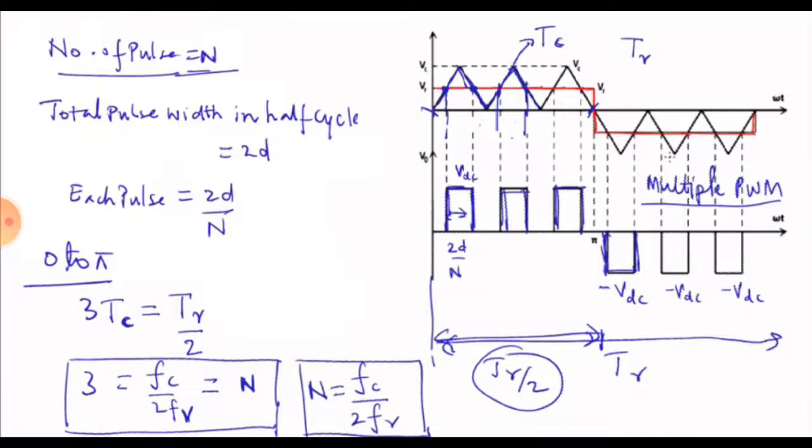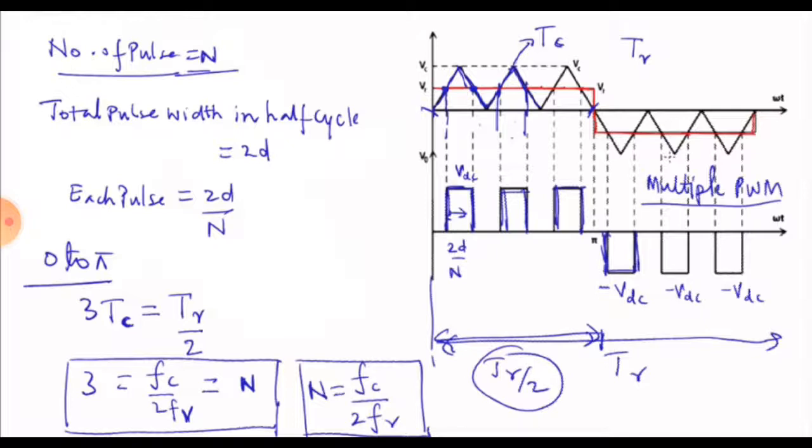If we consider only the positive half cycle, from 0 to pi, the time period of the carrier cycle is Tc and the time period of the reference cycle is Tr, where the reference represents the square wave and the carrier cycle is a triangular wave. So from the figure we can observe that 3 Tc equals Tr by 2.